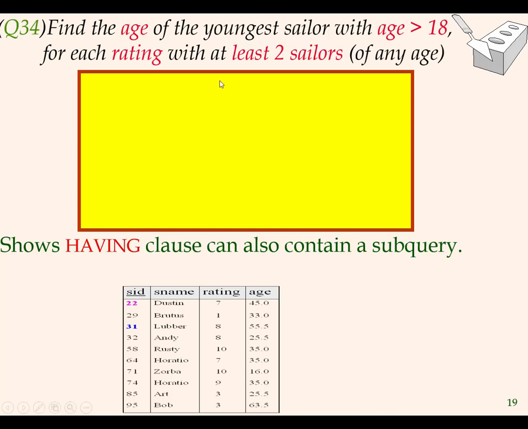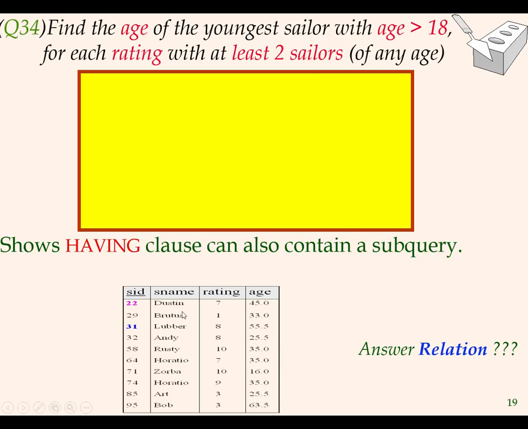Okay, what about this? Find the age of the youngest sailor. You can take this instance, for example, with age greater than 18, for each rating with at least 2 sailors in it. So the upper relation will only have the age, right? I need at least 2 sailors.